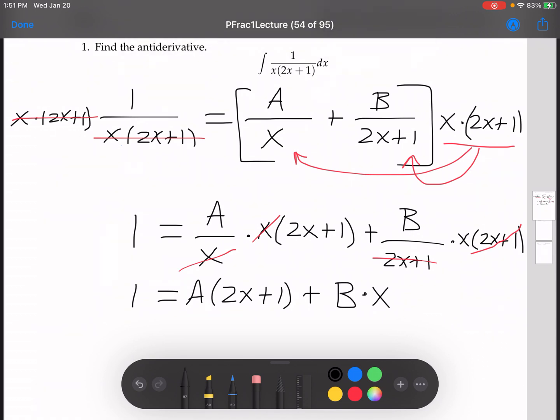So now distributing the A through here to each of these, I now have 1 is equal to 2Ax plus A plus Bx.